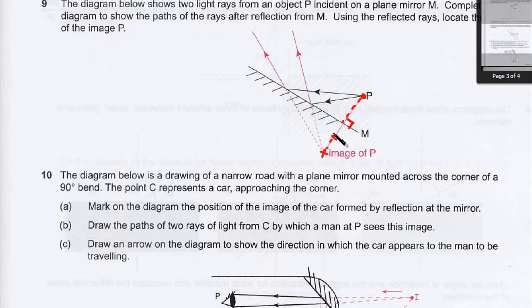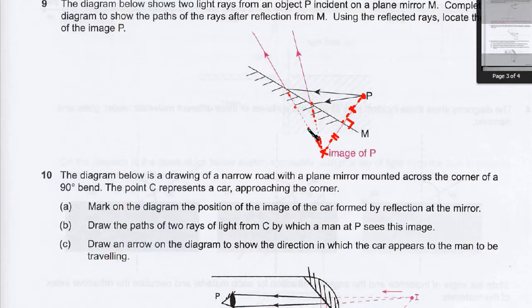Remember that both these distances must be the same. After you have drawn in the image, you can extend the line, joining the point where the incident ray hits the mirror.